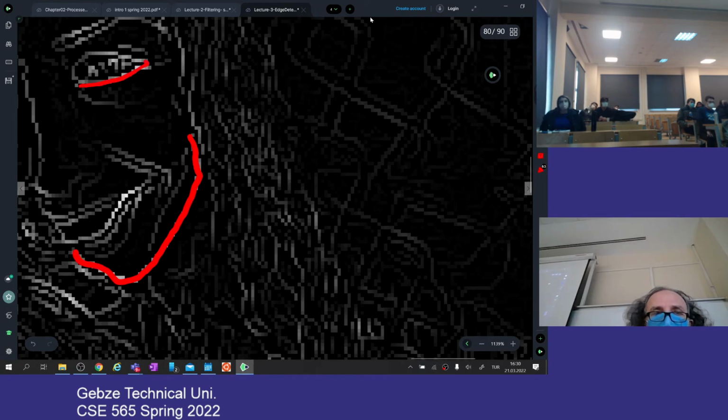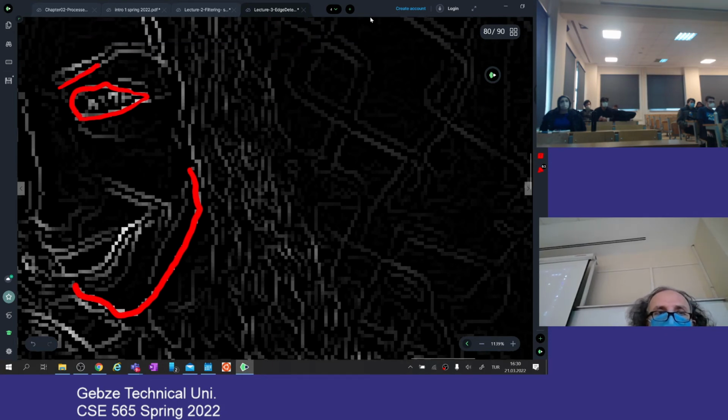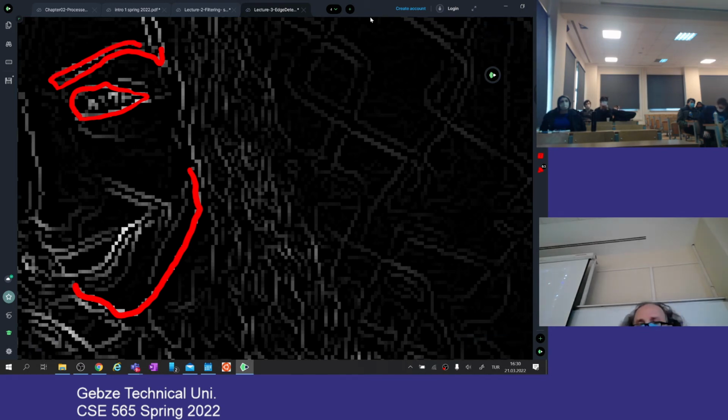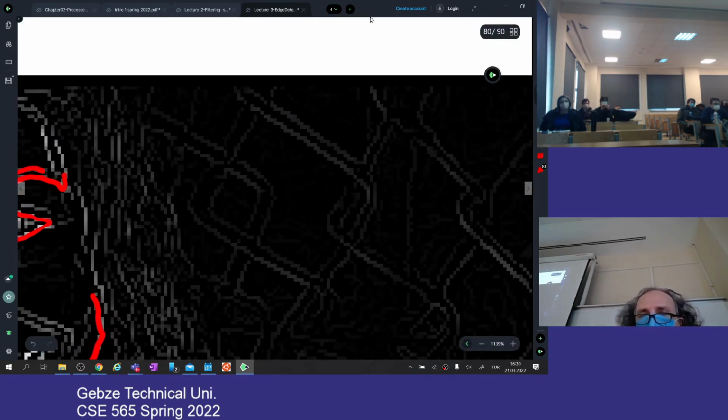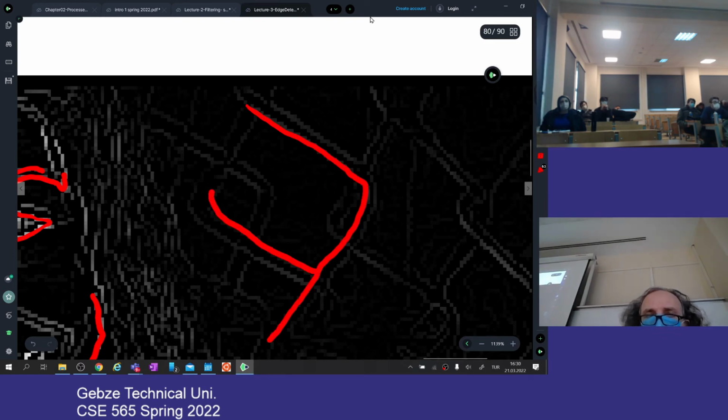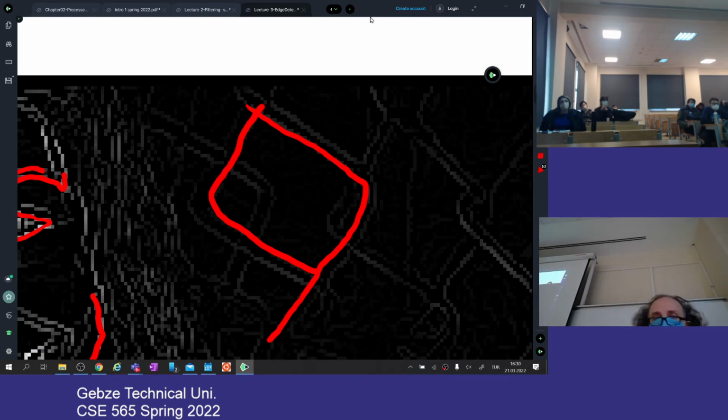Another edge chain is here, and another edge chain is there, right? So doesn't matter what kind of magnitude you have, it will give you lots of edge chains, and most of them are very meaningful. You see this one? It goes like that. Some of them are very, very faint because their magnitudes are very low, but they all make sense.